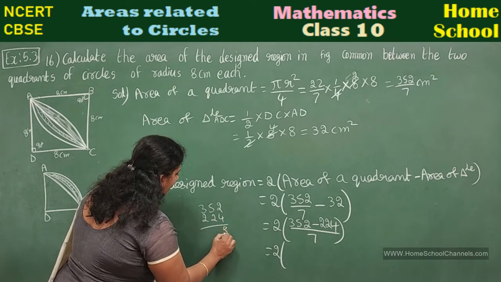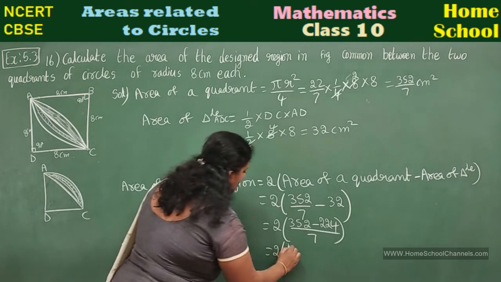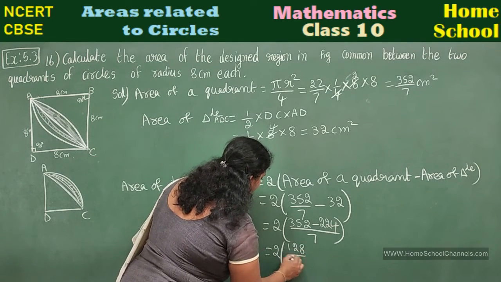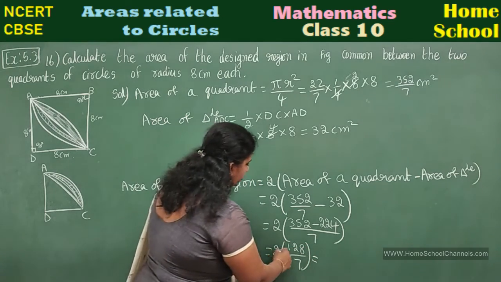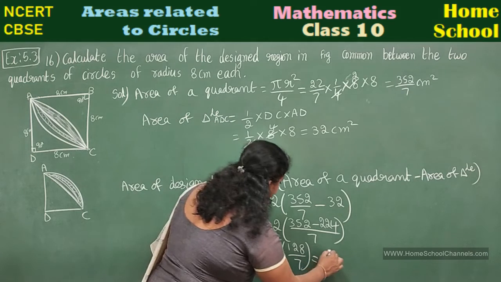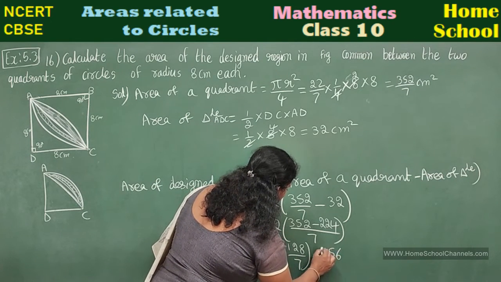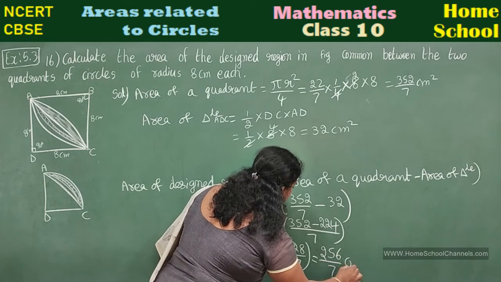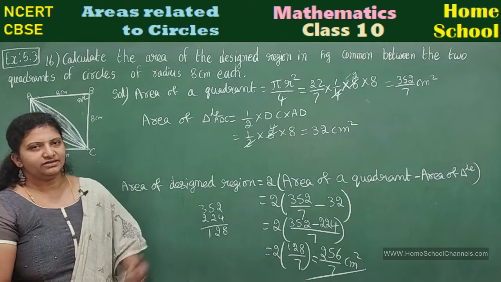This will be 8. 4 minus 2 will be 2. 3 minus 2 will be 1. 128 by 7. You cannot cancel here. So 2 multiplied by 128. 2 8s are 16. 2 2s are 4. 5. 2. 256 by 7 centimeter square is the final answer.